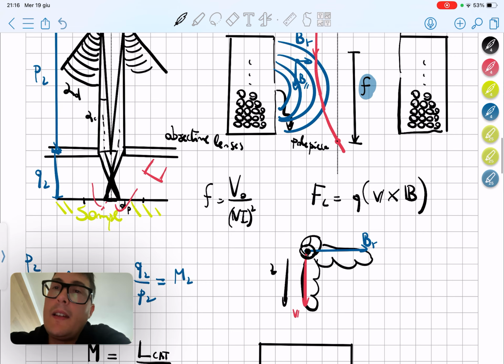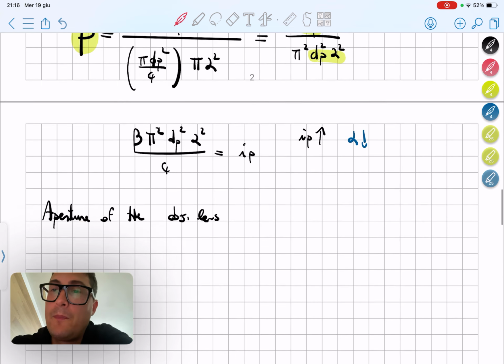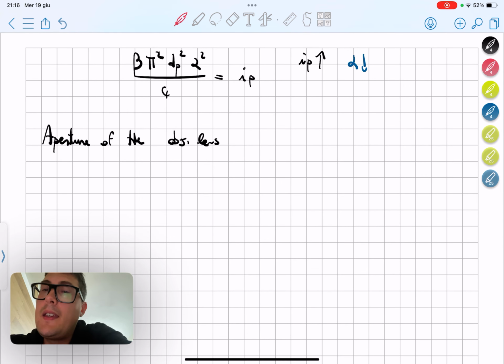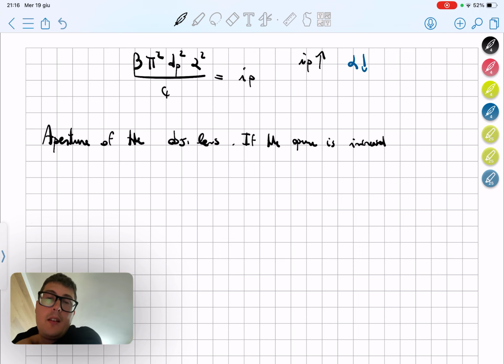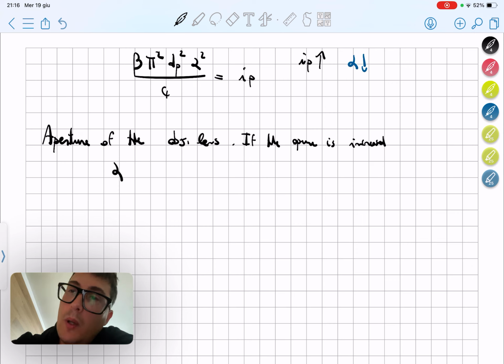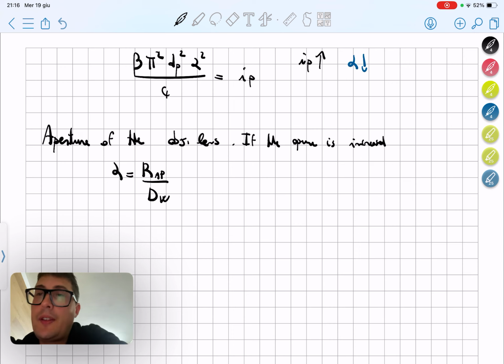So it can modify this aperture here, let's call it R_ap. If the aperture is increased, what's happening is that if R_ap is increasing, the convergence angle is also increasing.